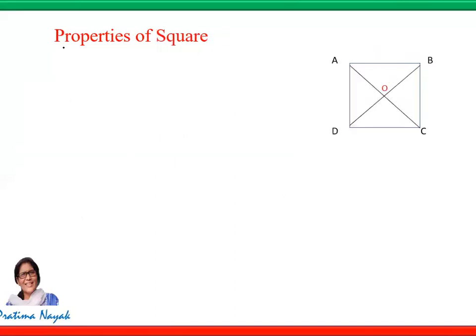Properties of a square. How to define the properties of a square? Here the diagonals bisect each other, and this will also be 90 degrees. What extra property does it have? As in a rectangle, all the angles are 90 degrees.